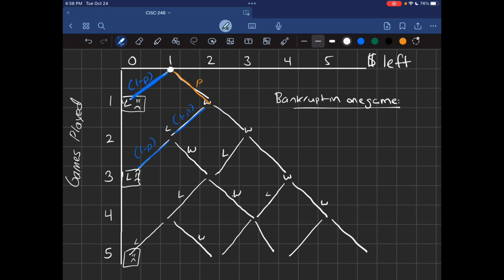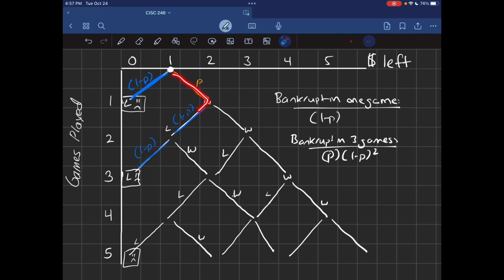The probability of that happening is 1 minus p. You go bankrupt in 3 games, and that's happening with probability p times 1 minus p squared. Is there any other ones that lead us to that path? I think that's the only one.